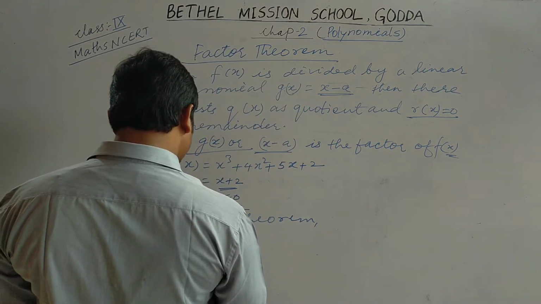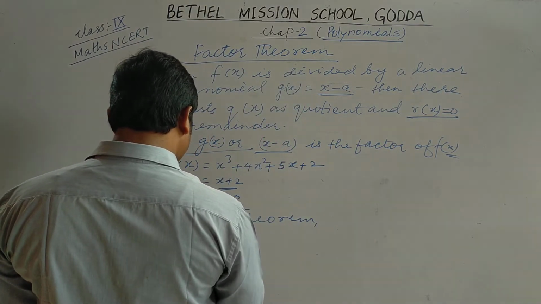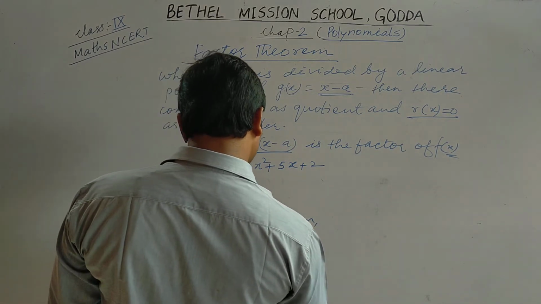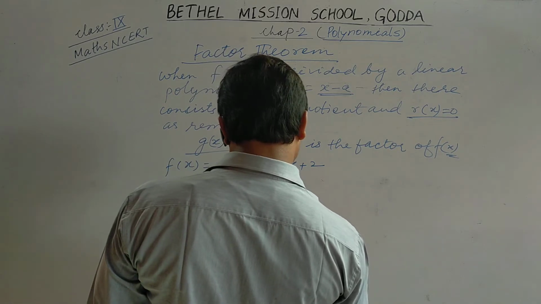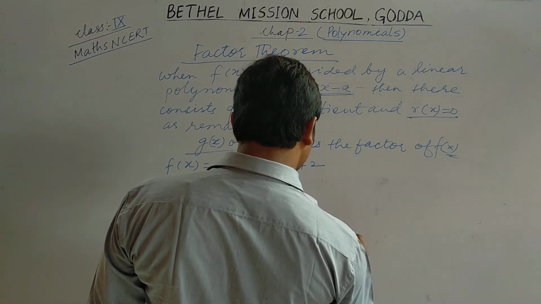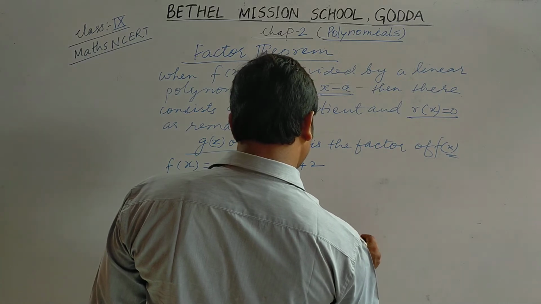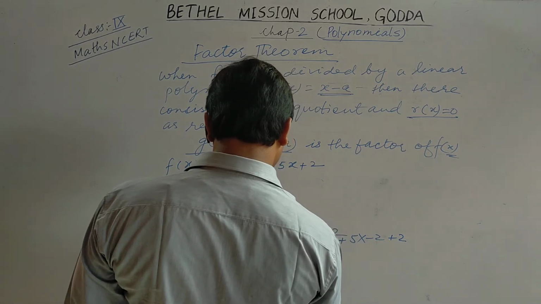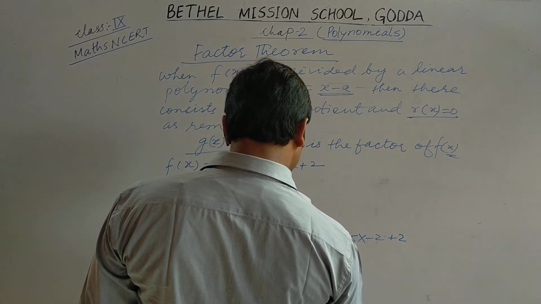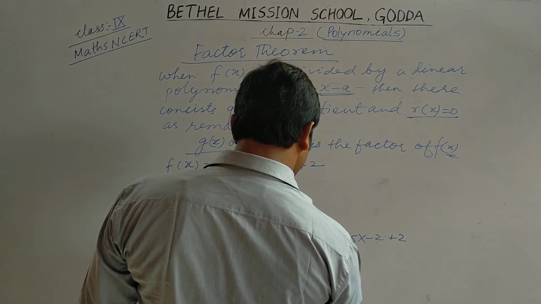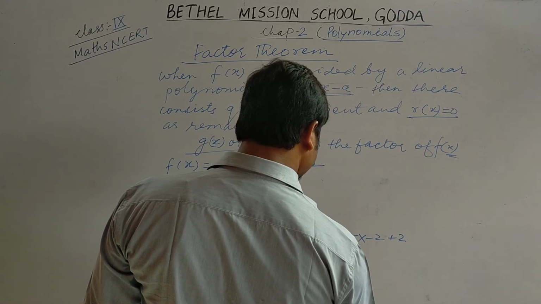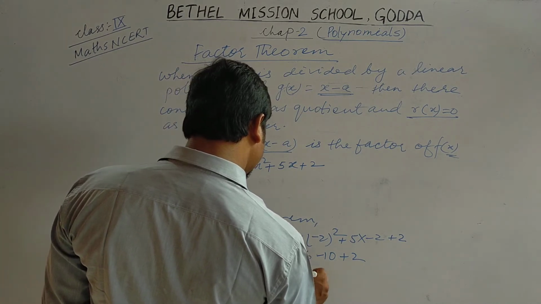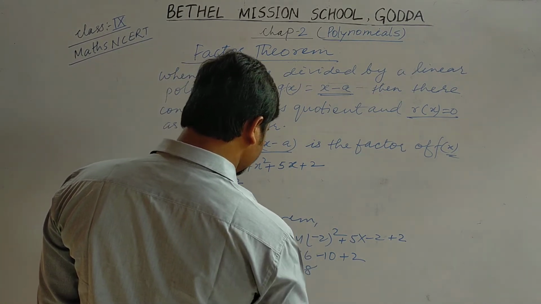what will f(-2) be? f(-2) = (-2)³ + 4(-2)² + 5(-2) + 2, which is -8 + 16 - 10 + 2, which is -18 + 18, and 18 minus 18 is 0.